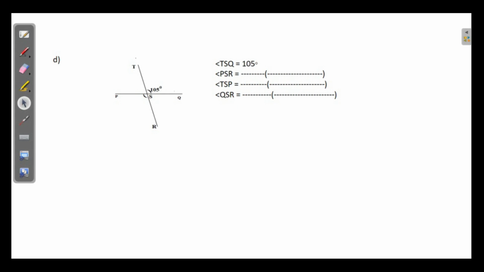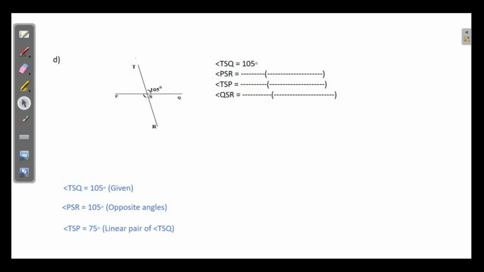First let us write this. Angle TSQ is equal to 105 degree, that is given. Then angle PSR is equal to 105 degree, opposite angles. We have just written angle TSQ is equal to 105 degree. So we can write simply opposite angles as reason.